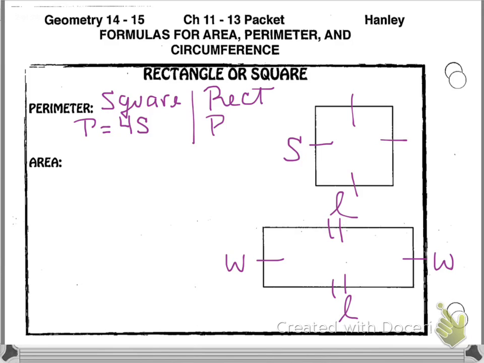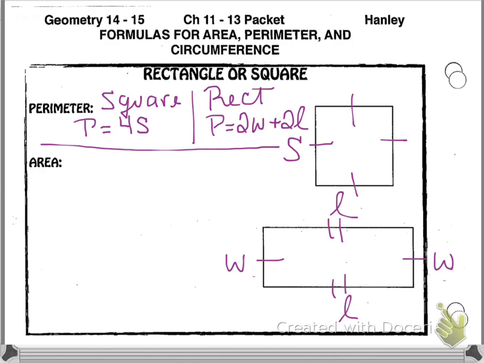So for my perimeter, I'm going to have twice the width plus twice the length, which is the same as saying W plus W plus L plus L. Okay, so adding up all of your sides gives you the perimeter.